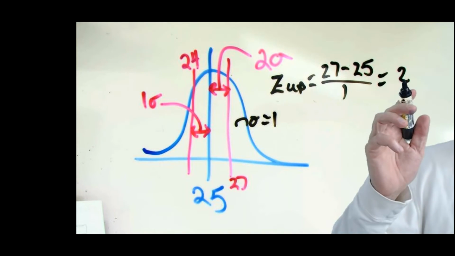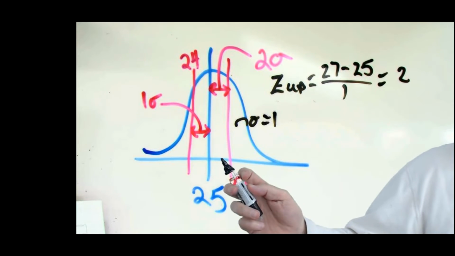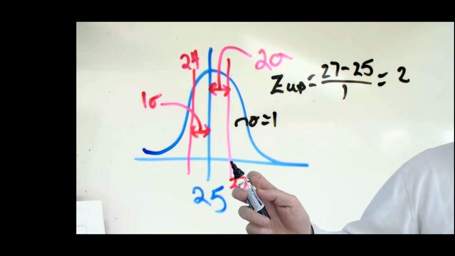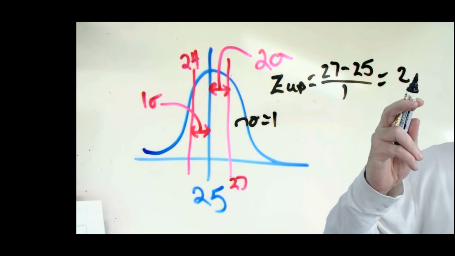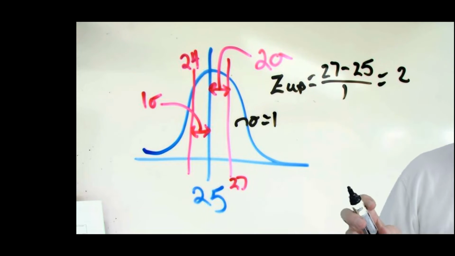And so I do the math and I get 2. Z equals 2. Remember what Z is? Z is the number of sigmas from the average to a value of interest. So when this is 2, it really means 2 sigma. Right. So that's where I got that.